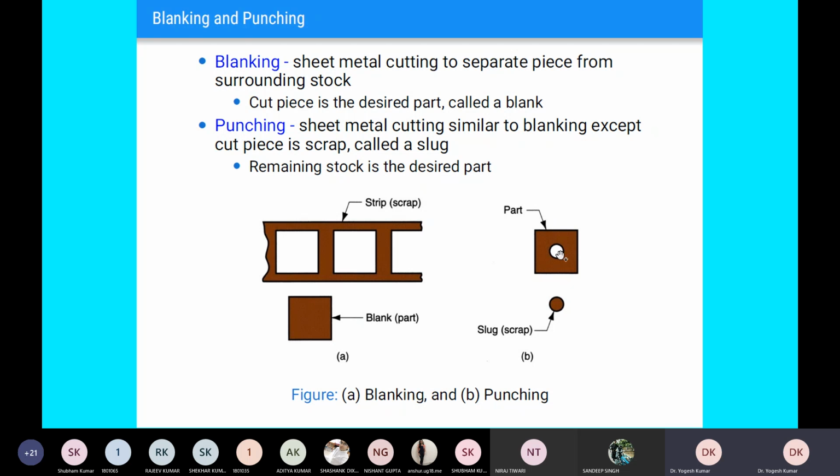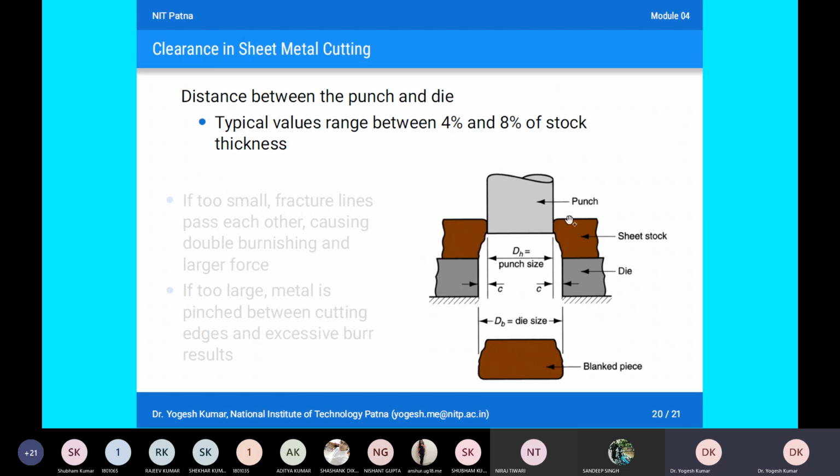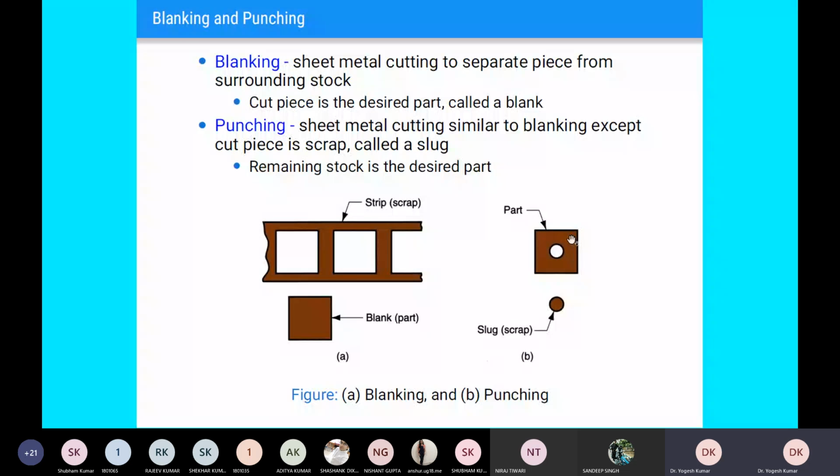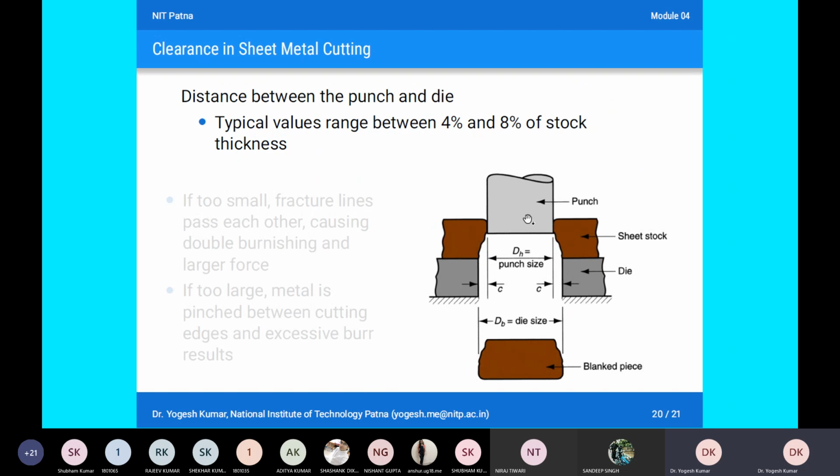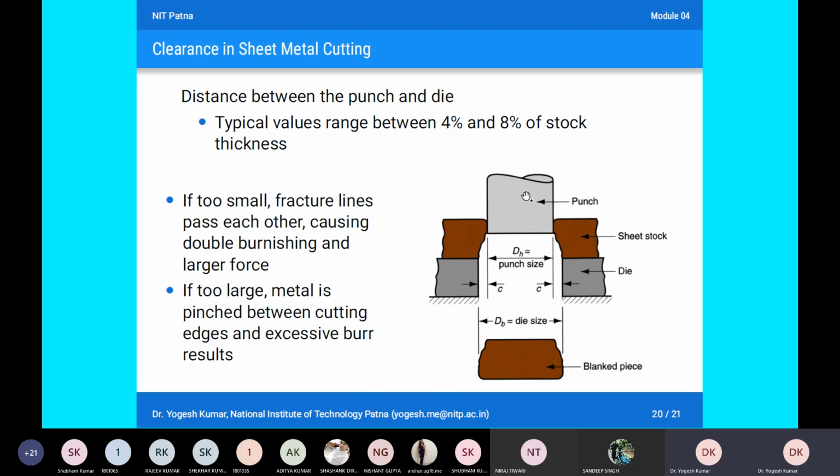So in the case of punching, the die has to be of accurate size, and clearance has to be given on your punch. For giving the clearance, we have to reduce the diameter of your punch. This is how the clearance is given in the case of blanking and punching.